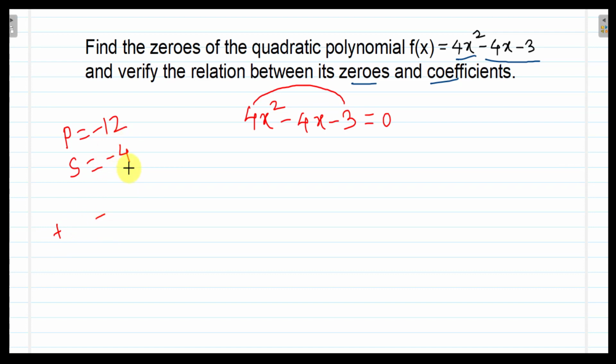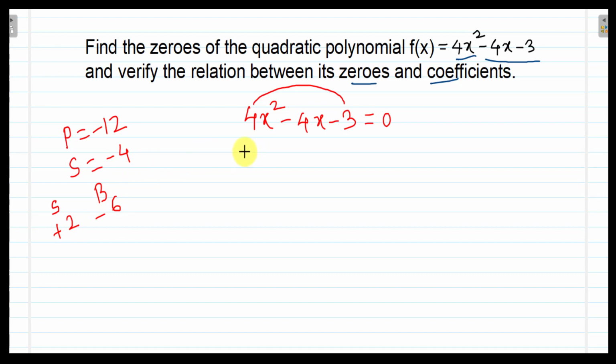But since the middle term is negative, the bigger number will have the negative sign and the smaller number the positive sign. So the two numbers are 6 and 2, as 6 twos are 12. The bigger number will be negative and the smaller number positive. So the product is minus 12, and minus 6 plus 2 is minus 4.